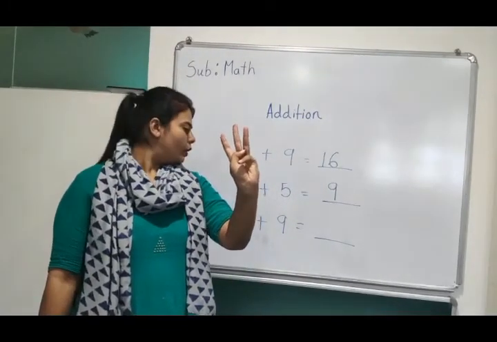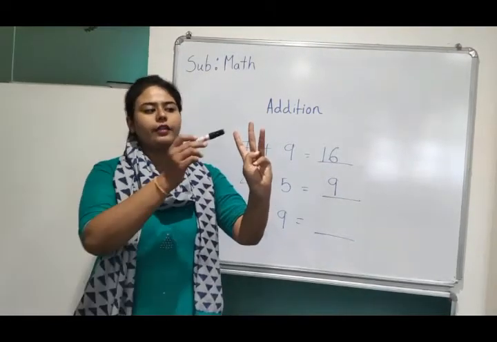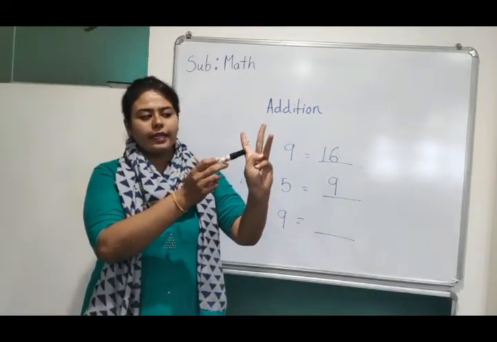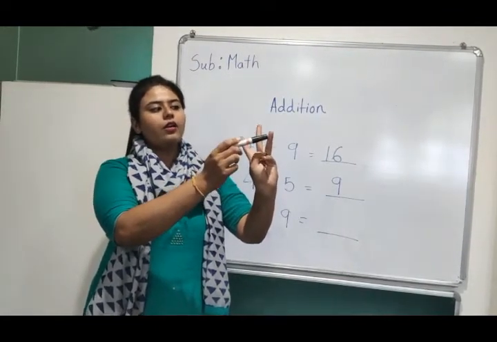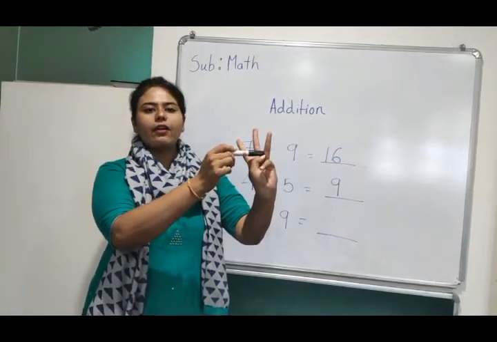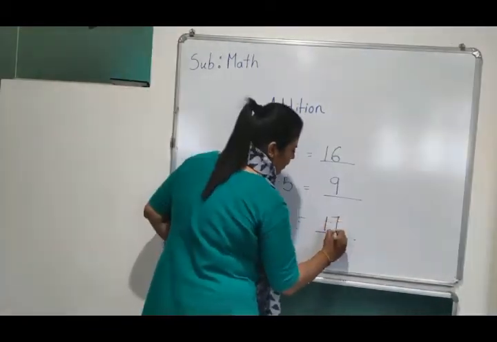So here 9. Okay. Now after 8, which number will come? After 8 comes 9, 10, 11, 12, 13, 14, 15, 16, 17. So our answer is 17.